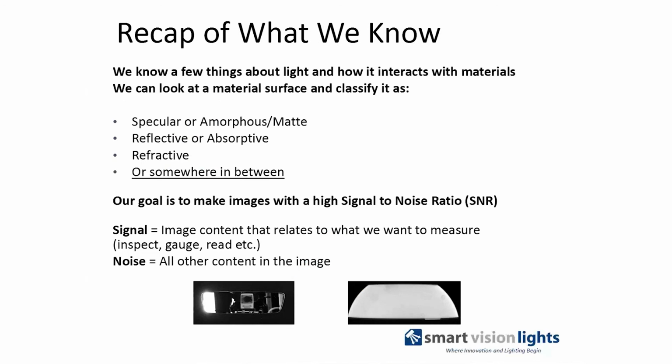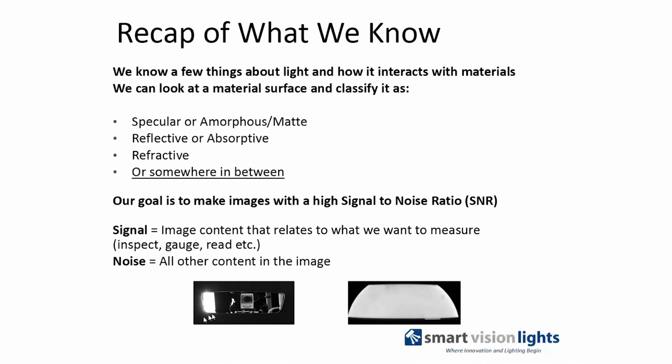So if we come back and recap what we know here, we know a few things about light and how it interacts with the materials, and we can look at the surface of the material and classify it as specular or matte, reflective or absorptive, consider if refraction is going on, or more likely it is somewhere in between all of these. But no matter what the surface is, our goal is to make it with a high signal to noise ratio.